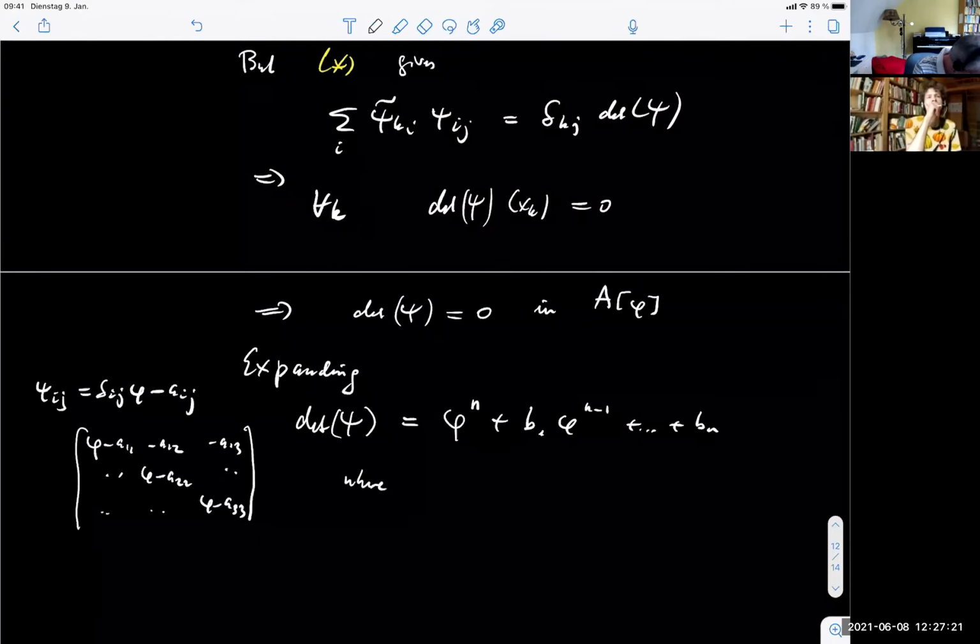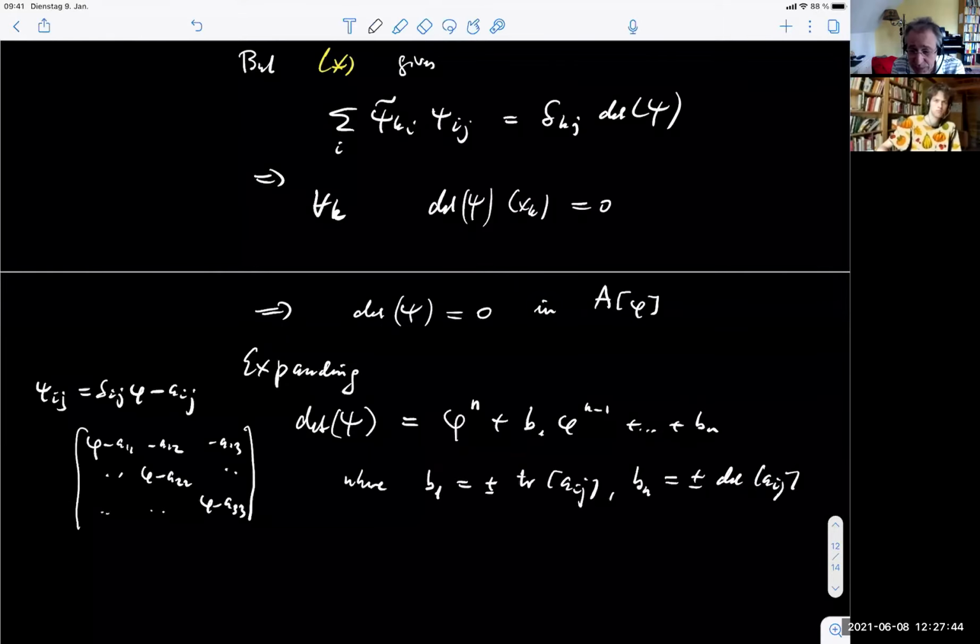Some of the coefficients are easy to explain. The B1 is up to a sign the trace of Aij. And for instance, the Bn is up to a sign the determinant. I assume you have seen this in linear algebra. Then you imagine how the others look.